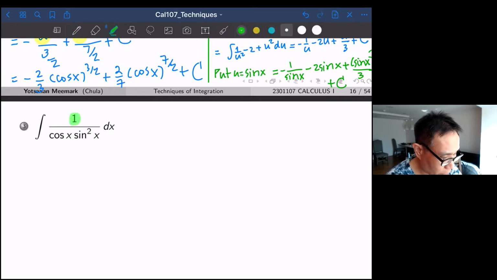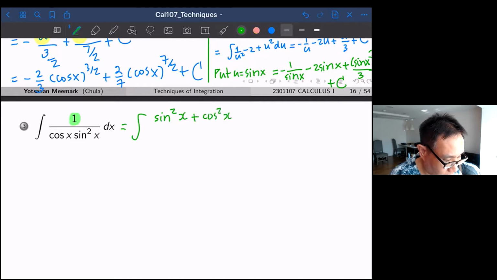However, we are able to obtain some power of sine and cosine by the trick that we have learned before: this number 1 turns out to be just sine square plus cosine square. So it's going to be the integral of (sine square x plus cosine square x) over cos x sine square x dx.